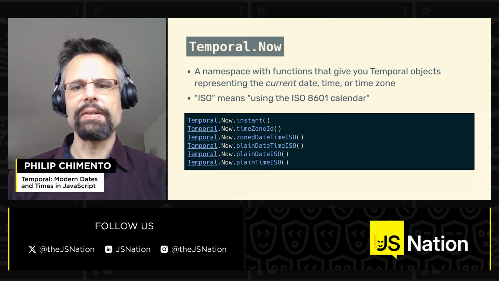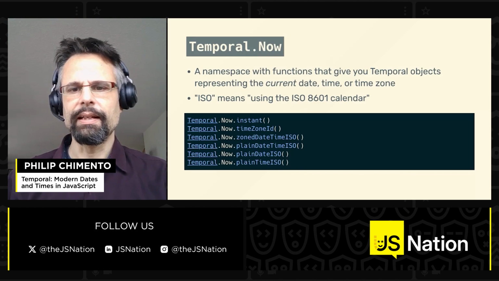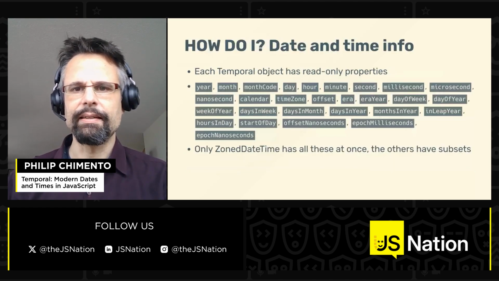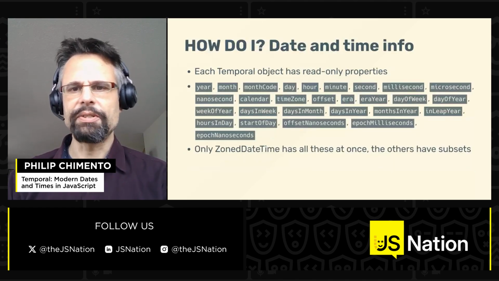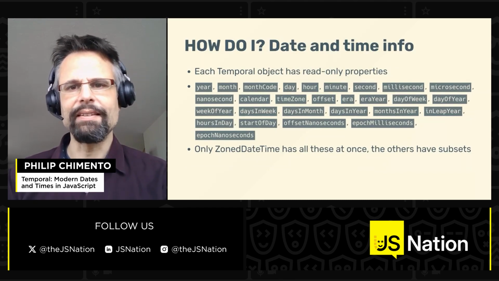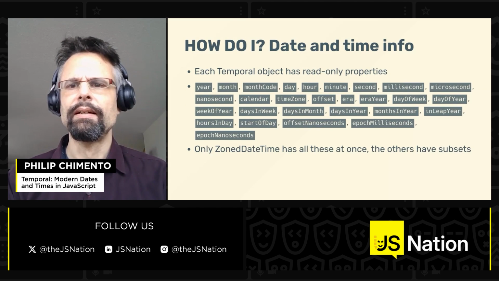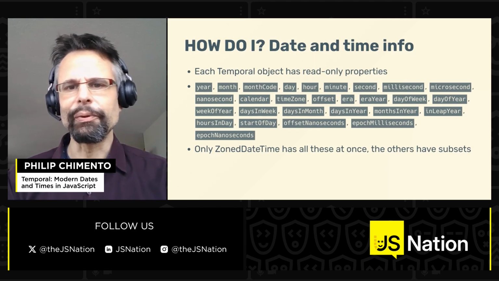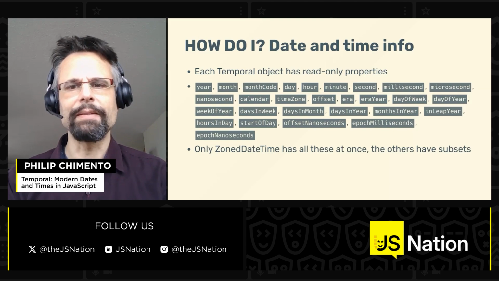Next, we need to figure out how to get a number of milliseconds since the Unix epoch from the instant. So this is a good time to talk about how do you get date and time info from your instances of temporal types. All the types have read-only properties that we can use to get this sort of information. So here on this slide is a full list of these properties. Not every type has every property, so only the ones that make sense for that type.